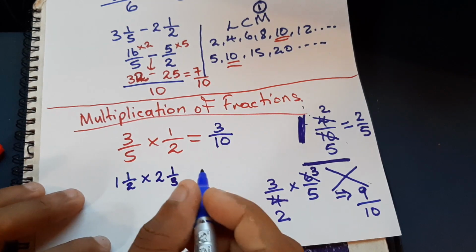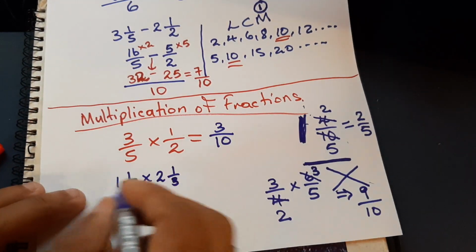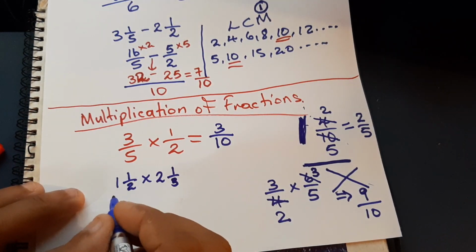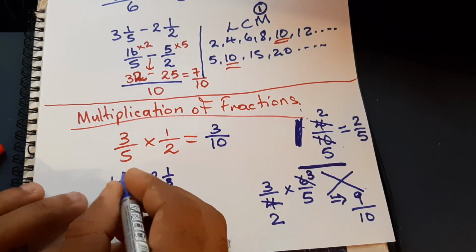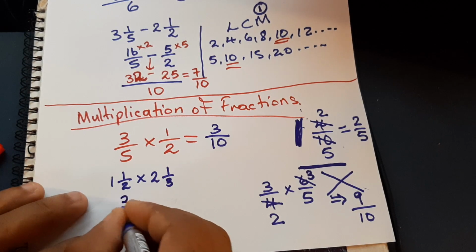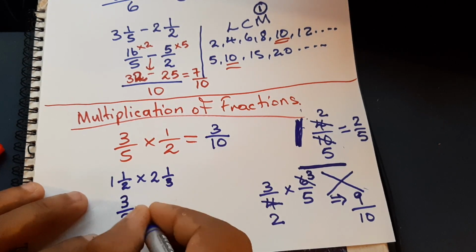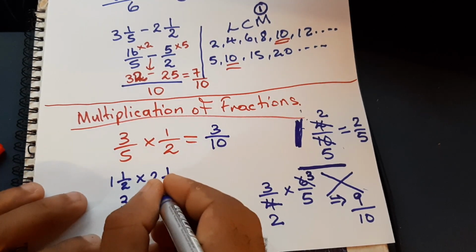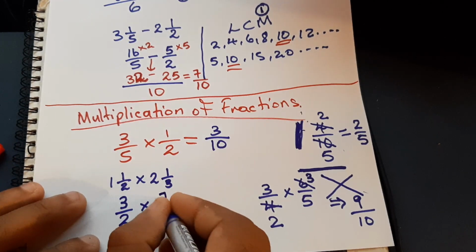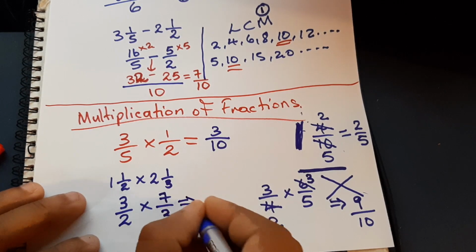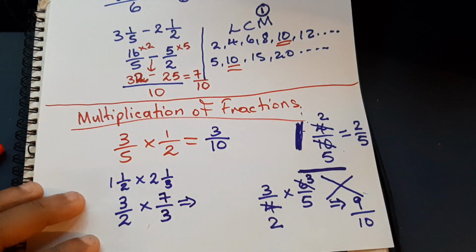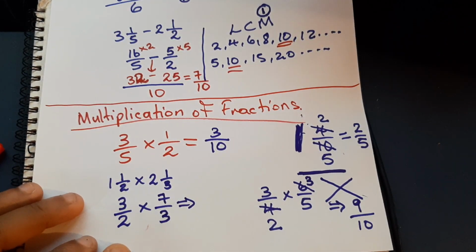The first thing we're going to do is change these mixed numbers to improper fractions. So I'm going to say 2 times 1, that's going to give me 2. 2 plus 1, that's going to give me 3/2. Multiplied by 3 times 2 is 6 plus 1, that's going to give me 7/3. Our result.